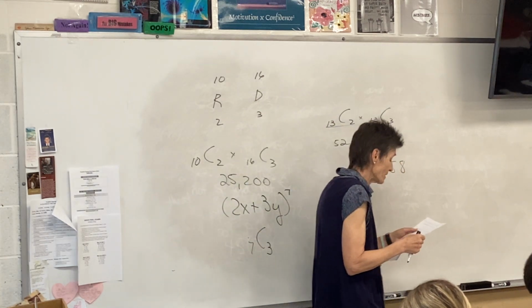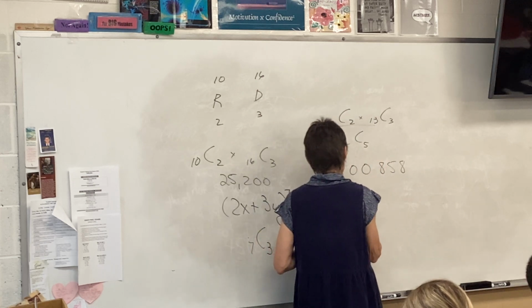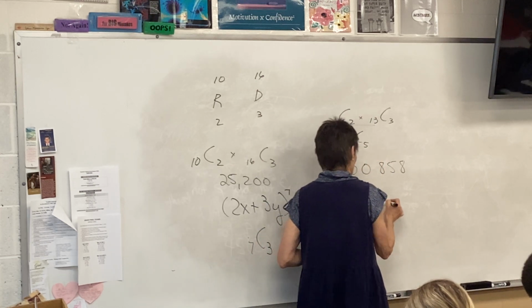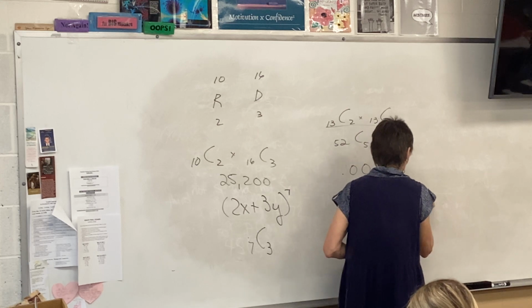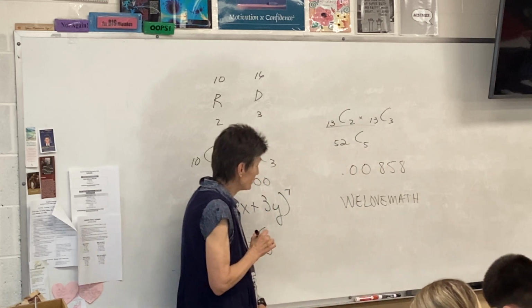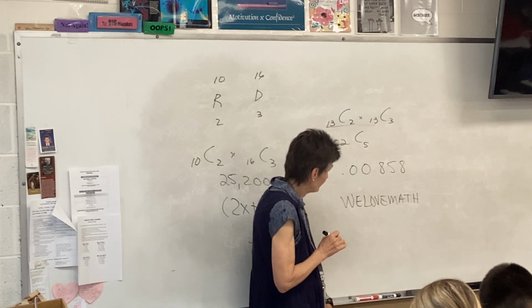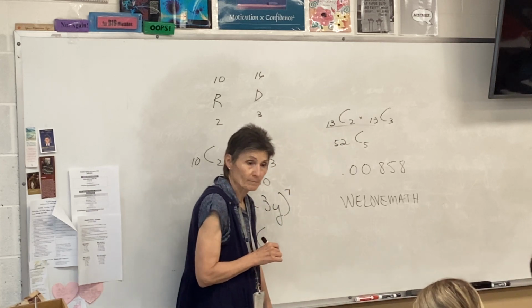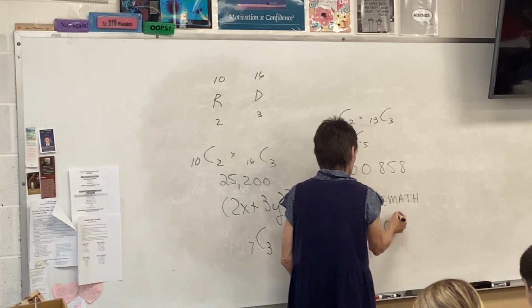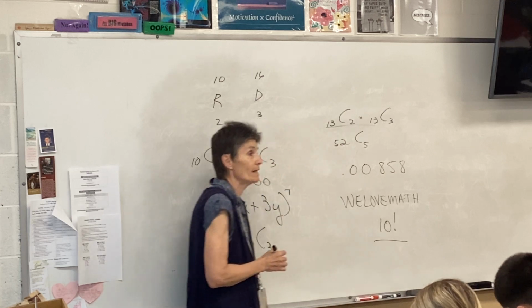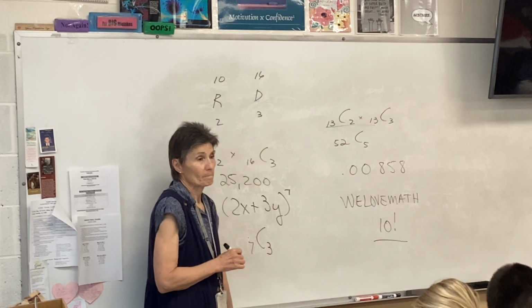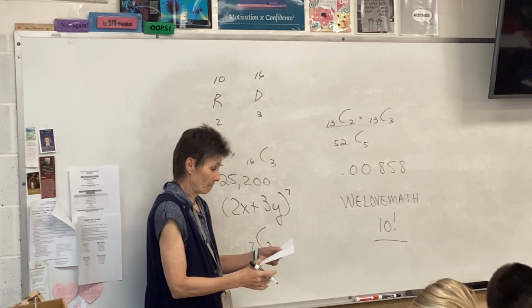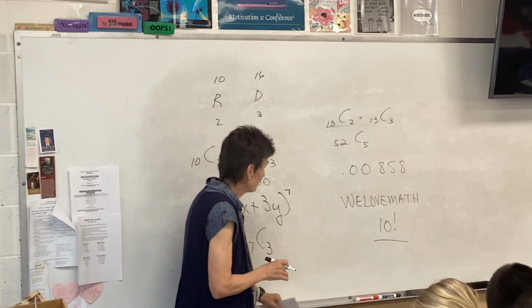All right, how many ways can the letters of We Love Math be arranged? So what do we do first? Count them up. 10 factorial. We start with 10 factorial because that's how many letters there are. All right?